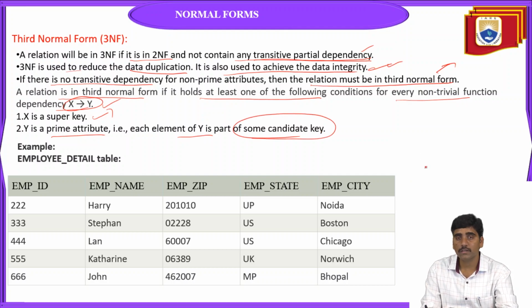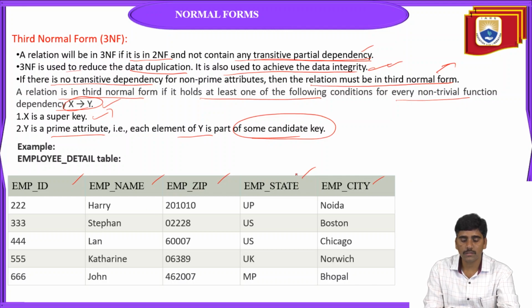See the example. There is an employee_detail table that contains employee ID, employee name, employee zip, employee state, employee city. Employee zip and employee name depend on employee ID.